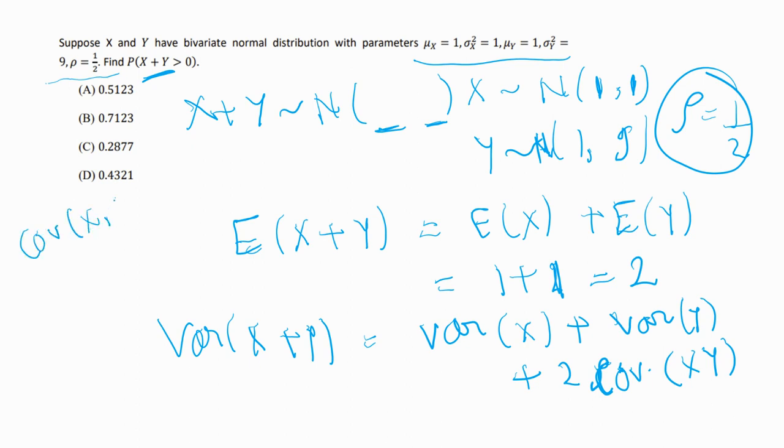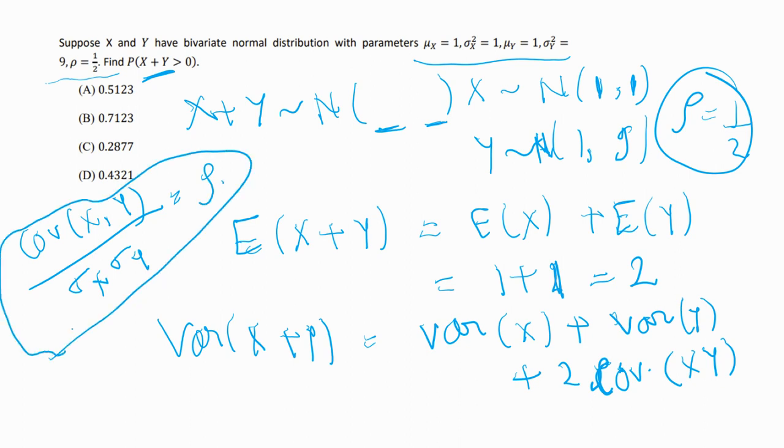Covariance of x y divided by sigma x into sigma y is equal to rho. This is the correlation parameter. So covariance of x y is not given here, we have been given rho. So it will be rho sigma x into sigma y, and this term we can write as 2 rho sigma x into sigma y.